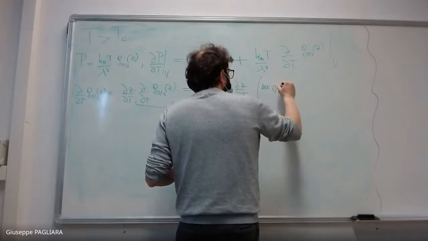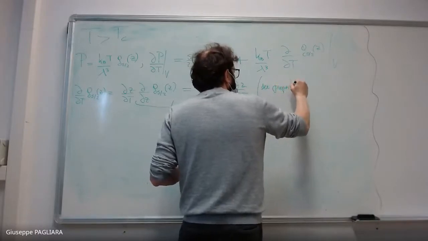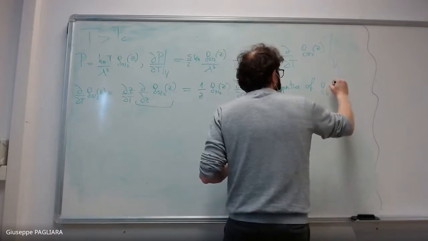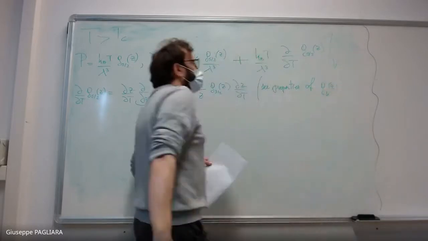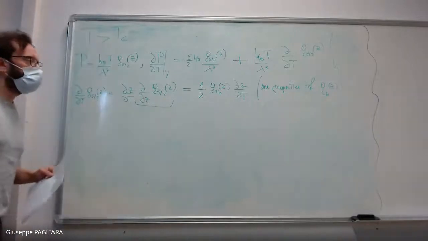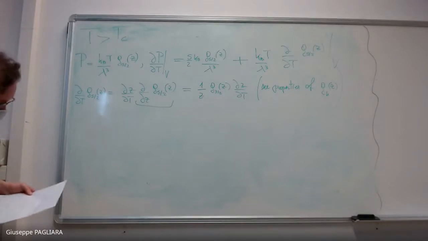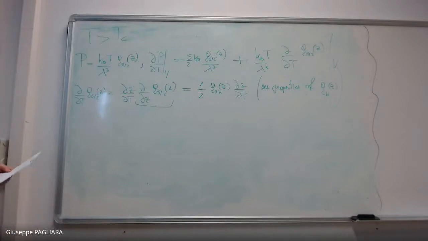These are properties of g, and it's in the definition. Now what I need to compute is the derivative of z with respect to T, and there is a trick that we can make, which is the following.